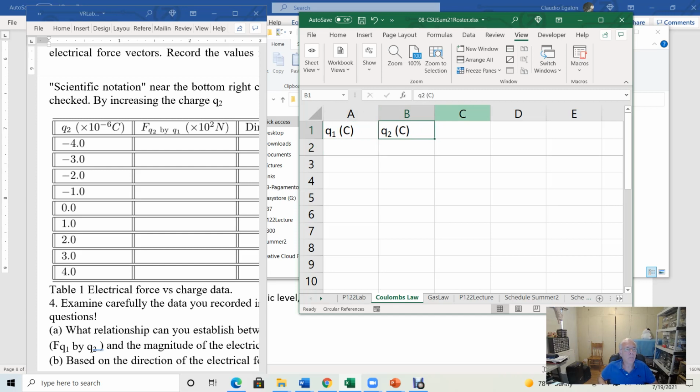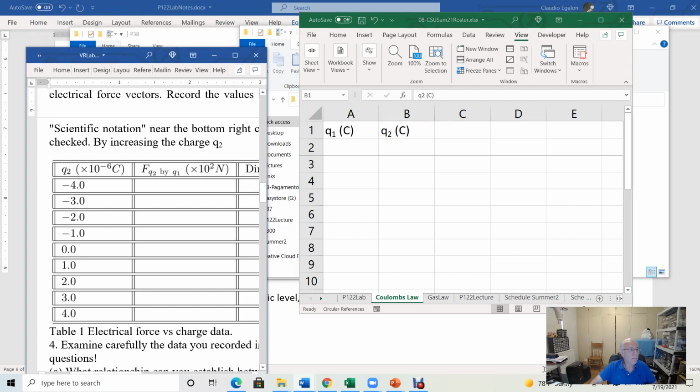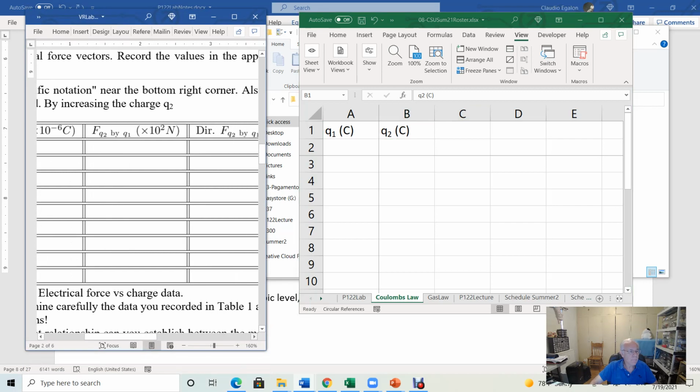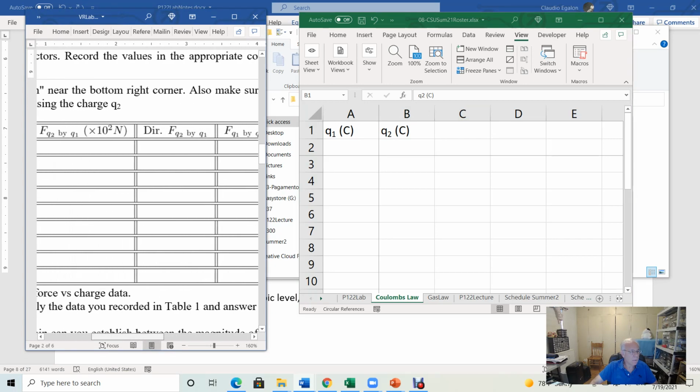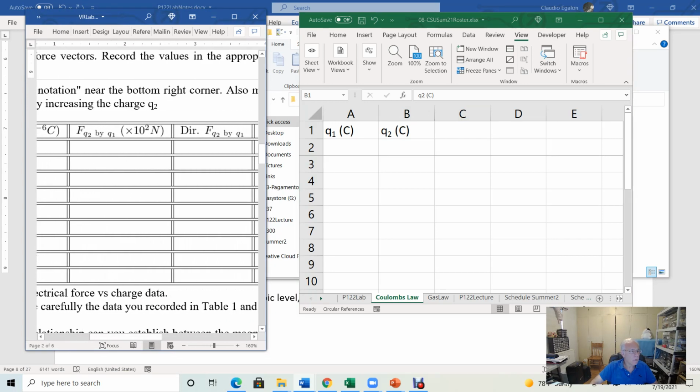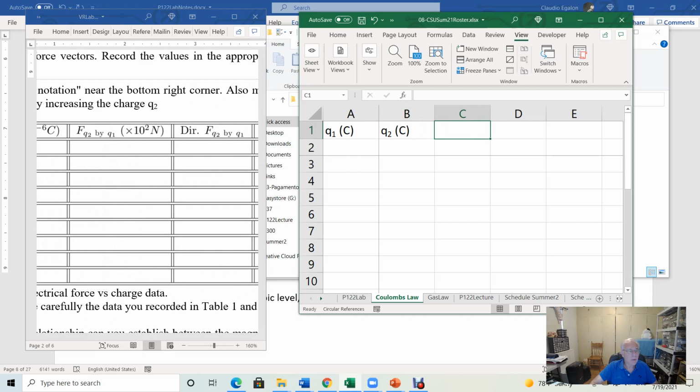Okay, so we want the force. Here you go, I'm gonna abbreviate that F on 2 by 1. Force of 2 due to 1.